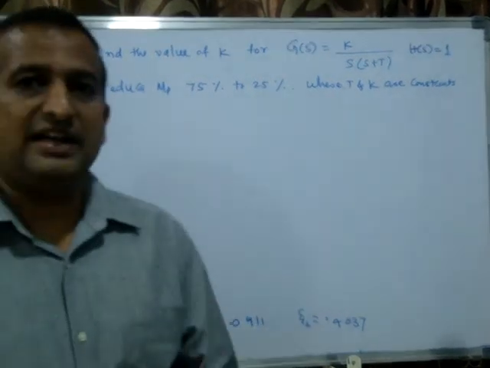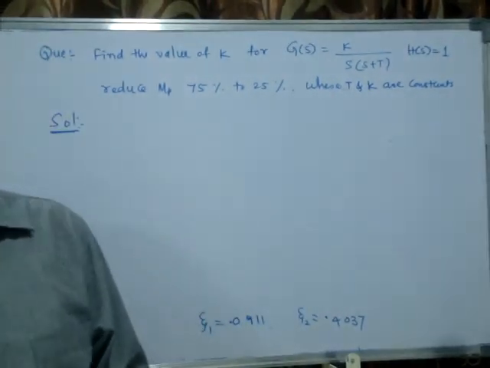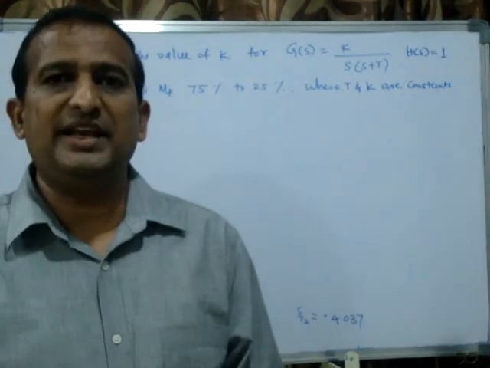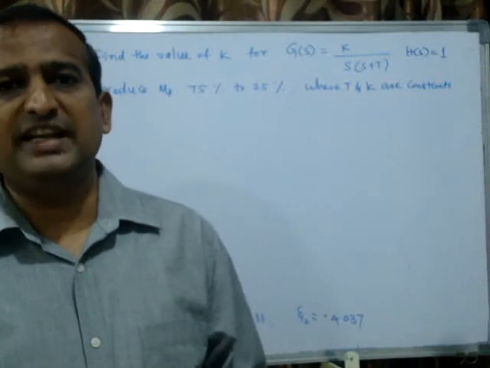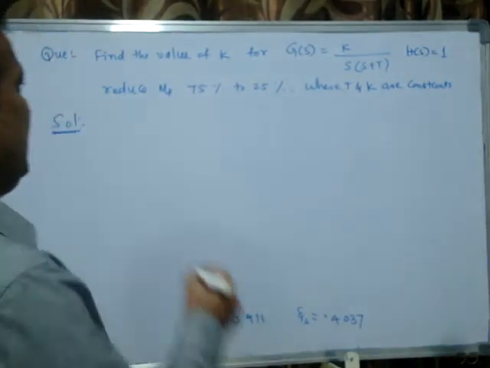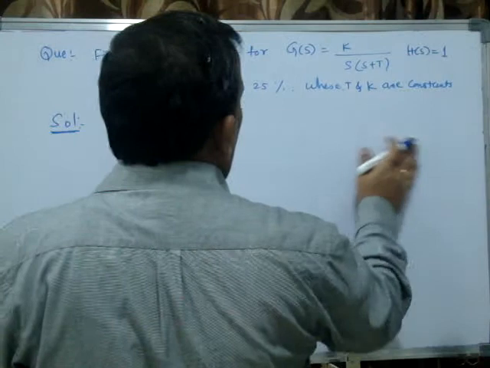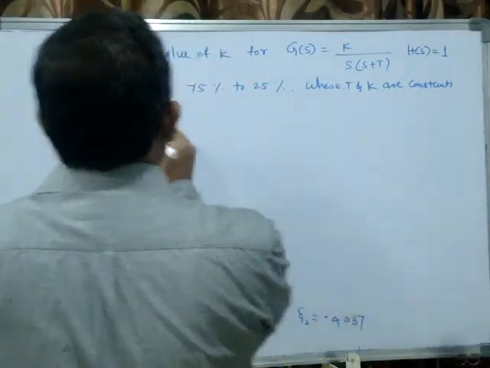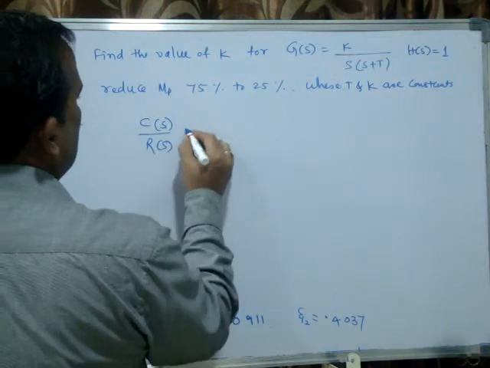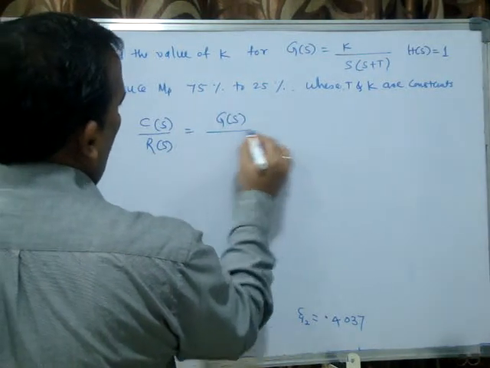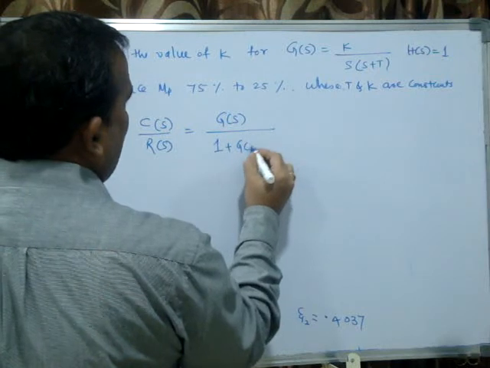Here I have to calculate the transfer function. Why? Because I need zeta and omega n. Whenever we are solving a problem in a second order system, we need zeta and omega n. So C of S divided by R of S equal to G of S divided by 1 plus G of S H of S.